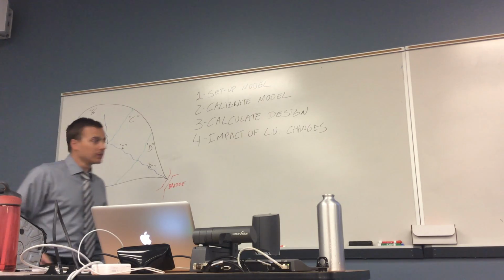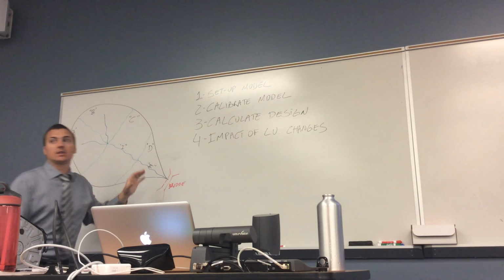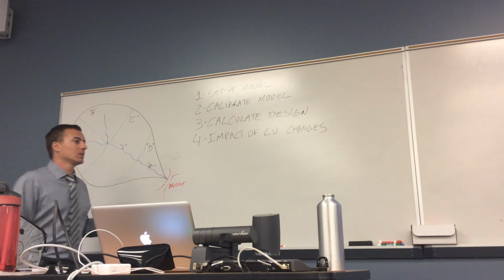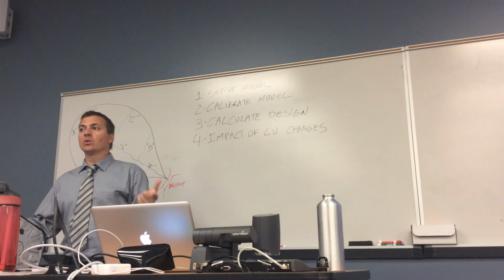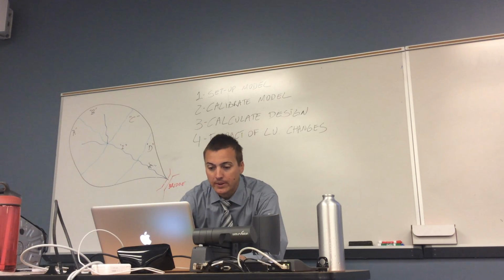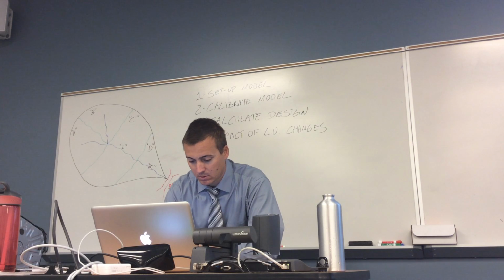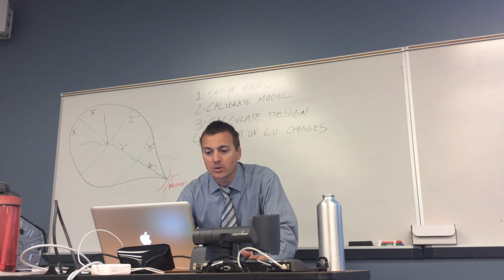So the first thing we want to do is to set up a model that would represent this. And we'll do that using HMS, Hydrologic Modeling System, from the Army Corps of Engineers. It's free, you can download it online. I'll Google and show you right now. So if I Google HEC-HMS, it's the first thing that shows up.